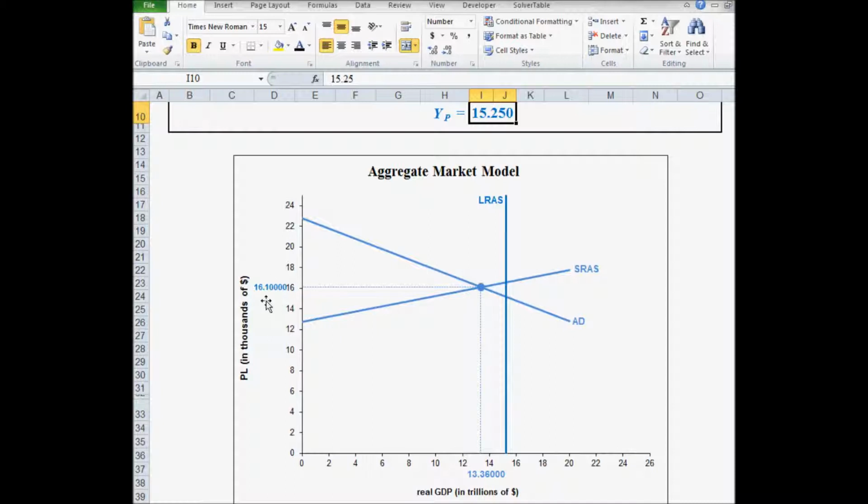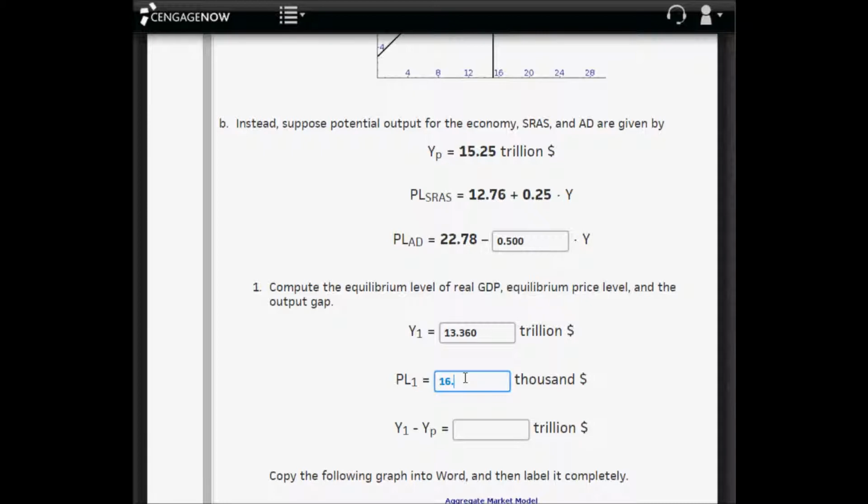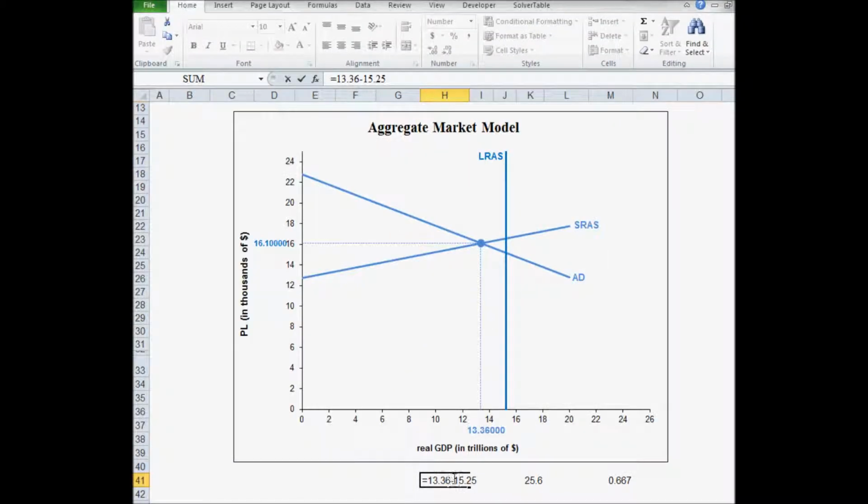The equilibrium price level has changed though, because short run aggregate supply is now flatter than it was in scenario A. So the initial equilibrium price level is 16.1. Because GDP is the same as it was initially in scenario A, and potential GDP is the same as it was in scenario A, the output gap is still negative 1.890.